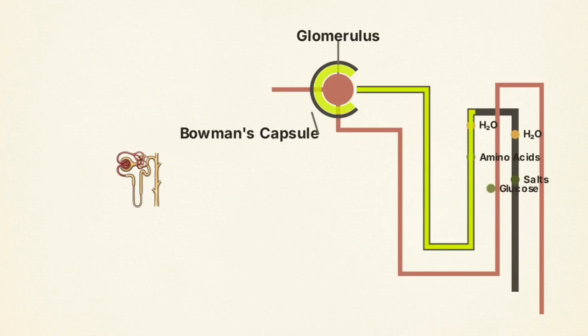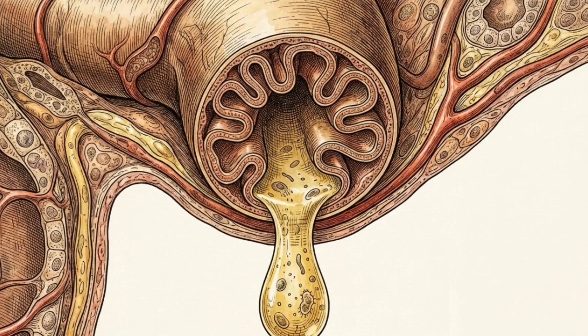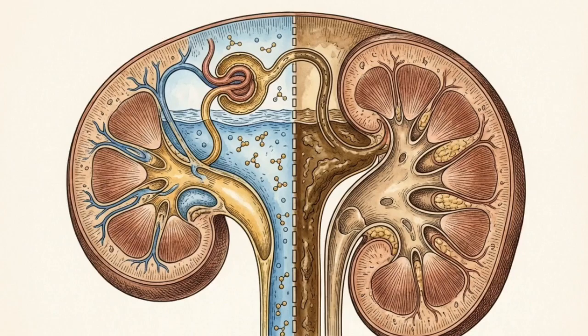As filtrate moves through the twisting tube, selective reabsorption pulls vital water, amino acids, and glucose back into the bloodstream. In tubular secretion, remaining fluid is packed with concentrated metabolic waste. This isolated liquid forms urine, directed out of the nephron toward the bladder. The kidneys function as highly precise chemical regulators, maintaining the exact internal balance of water and nutrients while stripping metabolic waste from the blood.